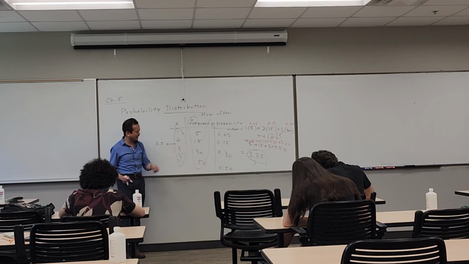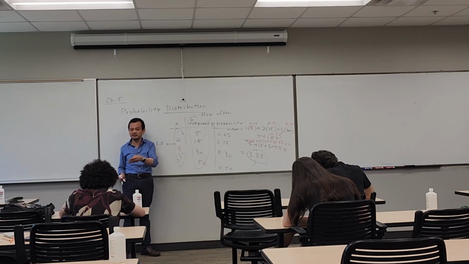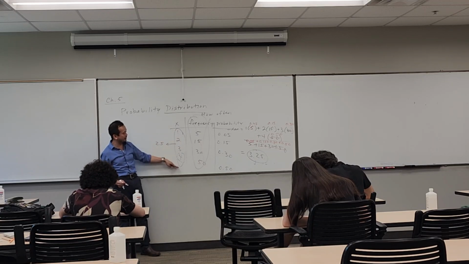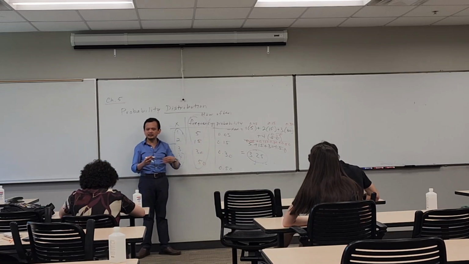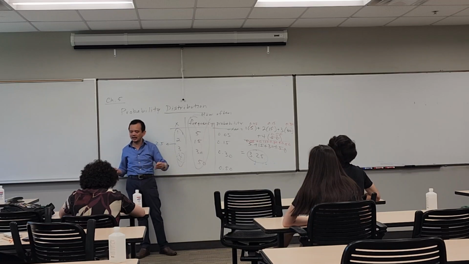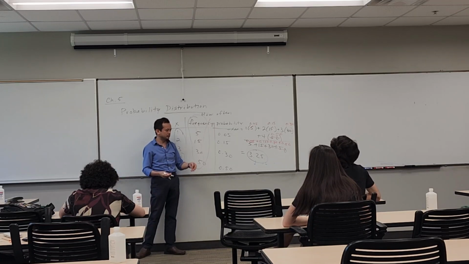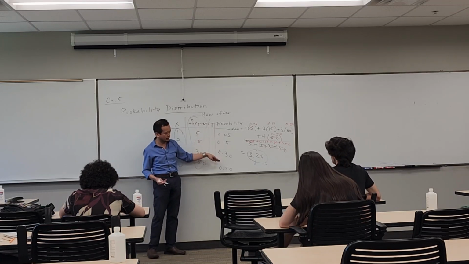Yeah, excellent. So any probability distribution, by definition, lists out all possible values. And if you look at all the probabilities of all possible values, they need to add up to 100%, or to 1. So every probability distribution, all the probabilities will add up to 1.